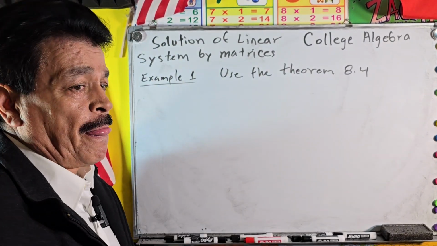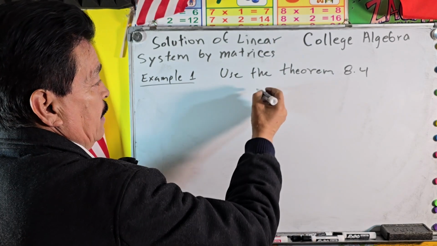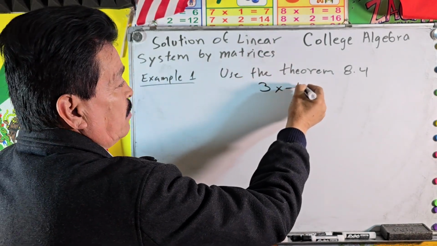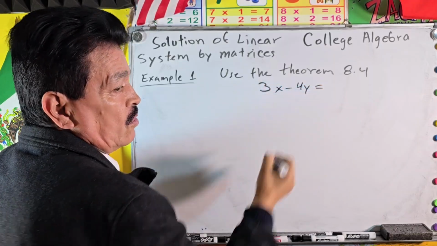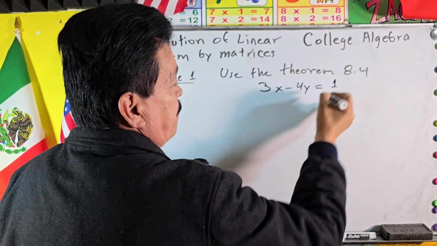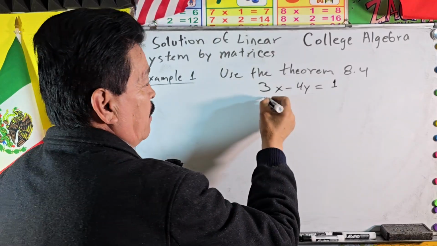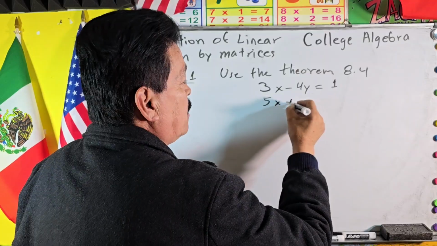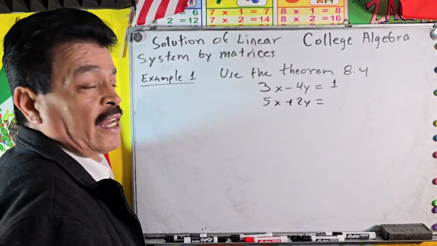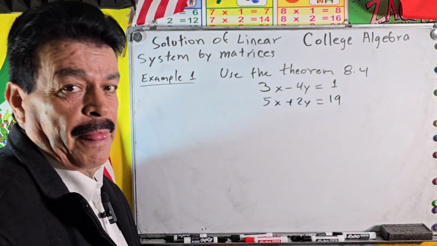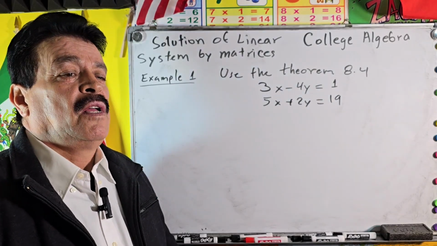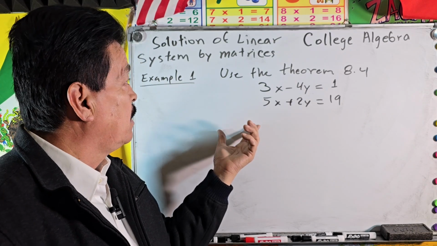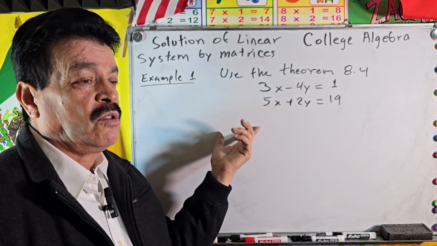The problem is: 3x minus 4y equals 1, and the next equation is 5x plus 2y equals 19. That is our problem now. We have to solve this system by the matrix method.